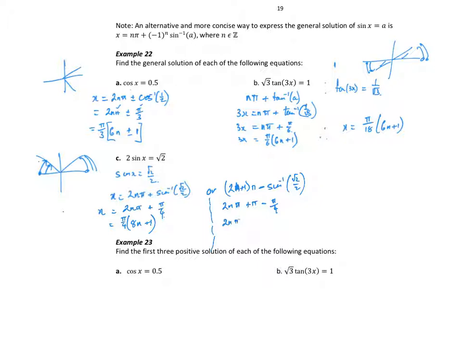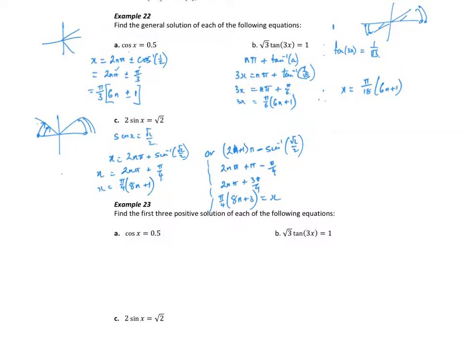So I get 2n pi plus 3 pi on 4. If I take pi on 4 out the front, I get 8n plus 3. Okay, so x is equal to. So there's the general solutions for my angles, for my equations.